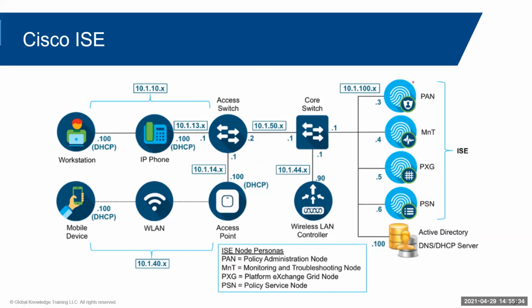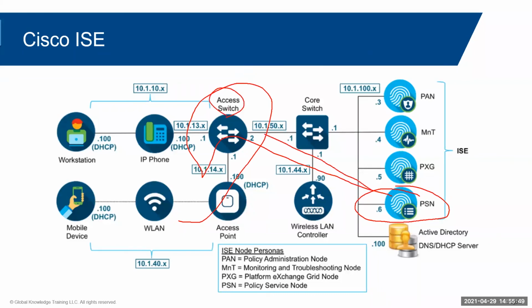So example, the key is the network access device needs IP connectivity to the policy service node. That's the key requirement. So if we have 10 buildings with 10 NADs, we might have just 1 or 2 policy service nodes that provide all of them. Caution, if there's only 1 PSN per campus, that's a single point of failure.